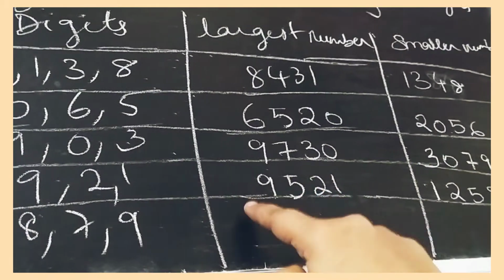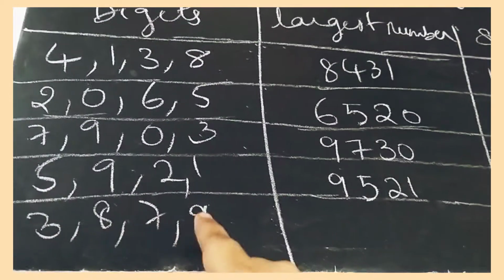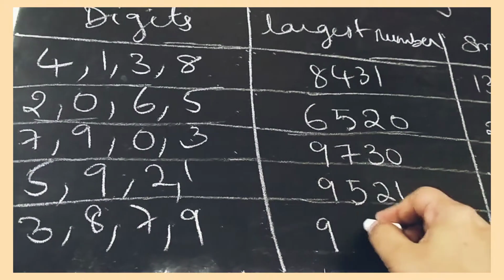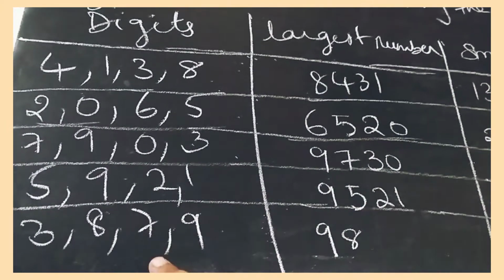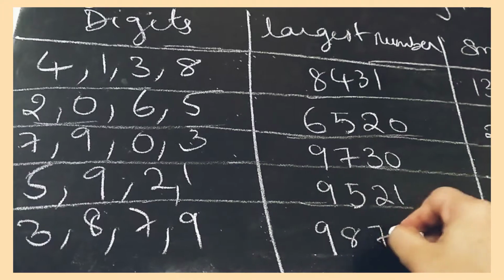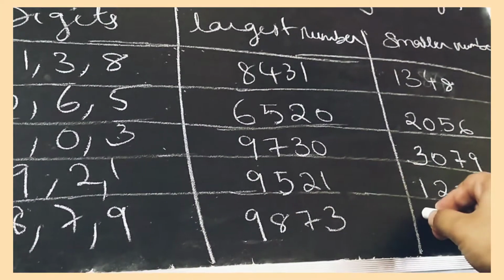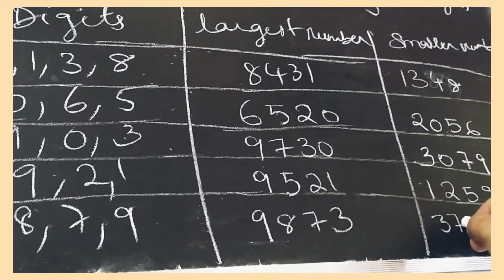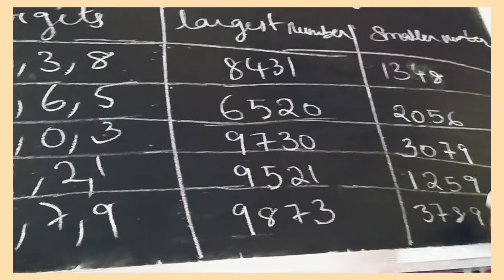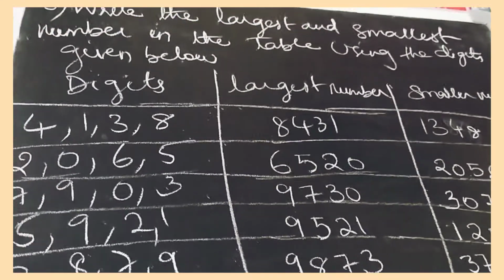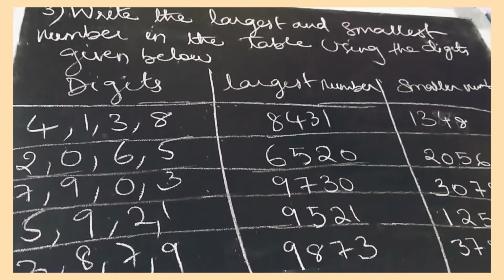Okay, 1, 2, 5, 9. Then 3879 means 9 is the bigger number, then 8, then 7, then 3. 3789 is the smaller number. Okay, like this you can write the largest number and the smaller number.